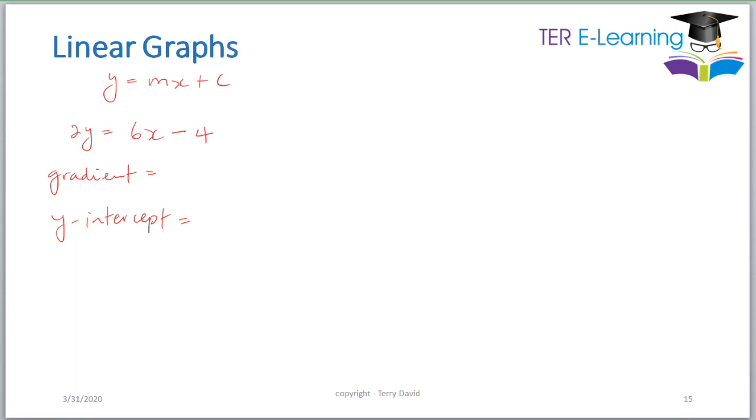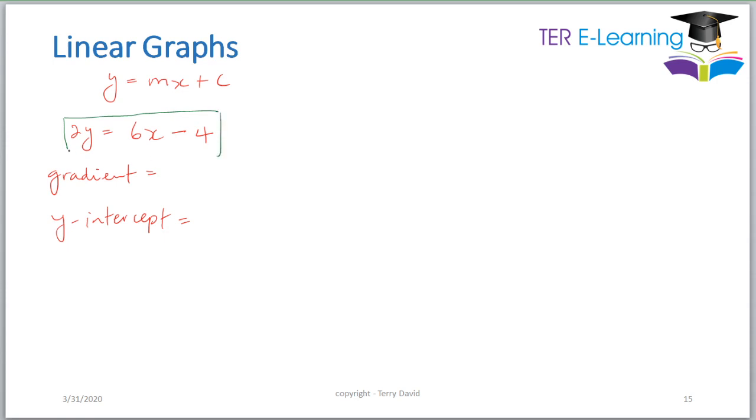Alright, so I'm seeing some people saying the gradient is 6, some people saying it's 3. Some of you fell for it. CXC will deliberately give you a question like this.